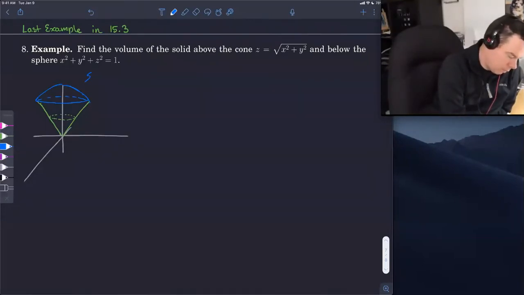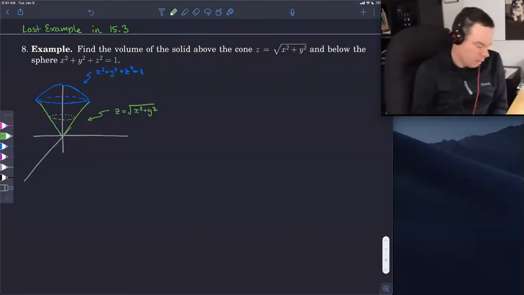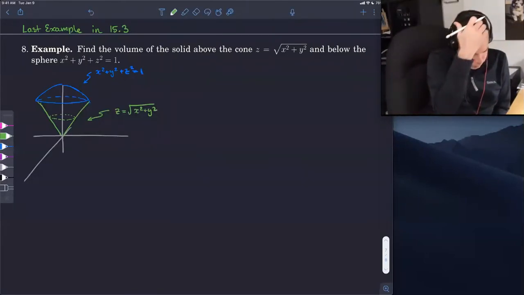So a couple of items to keep in mind: that's a sphere, x squared plus y squared plus z squared equals 1. This bottom portion is the cone, which is z equals the square root of x squared plus y squared. And in order to find the volume of this thing, we can look at it as two different pieces.